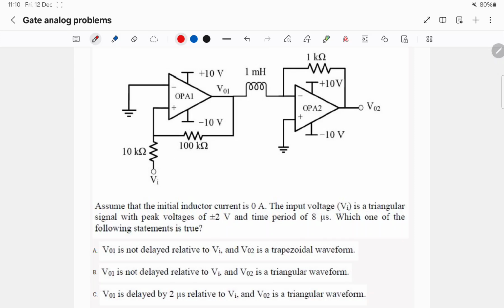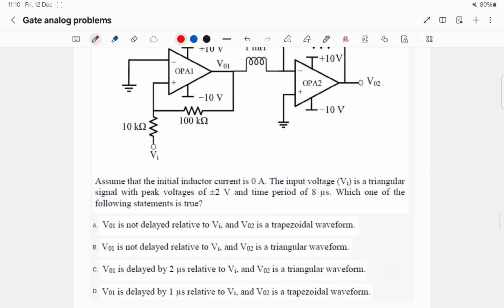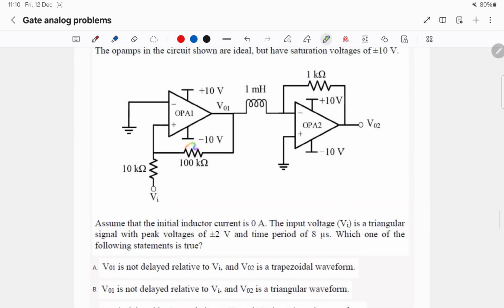How will the waveforms look like? So here we can see that the op amp 1 is in positive feedback.